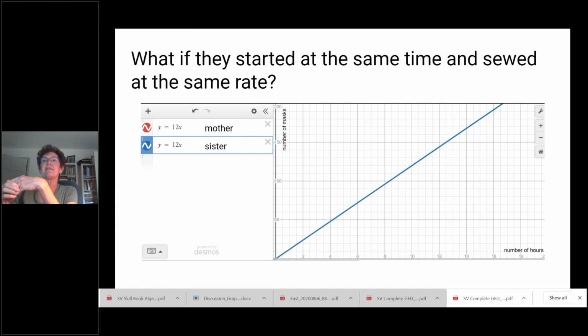In this case, if they both keep sewing at the same rate, no matter how many hours they work, they will have the same number of masks. Their lines will always be the same.